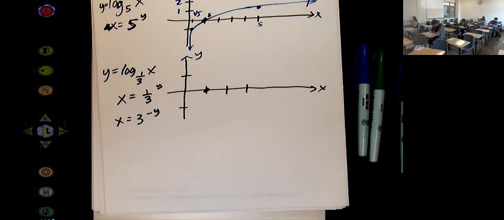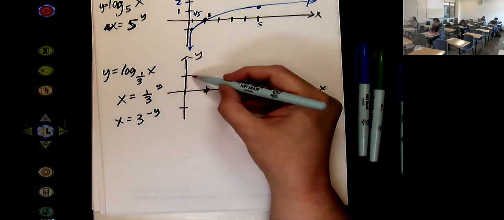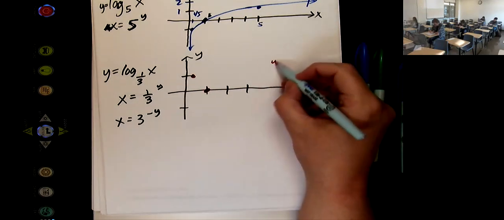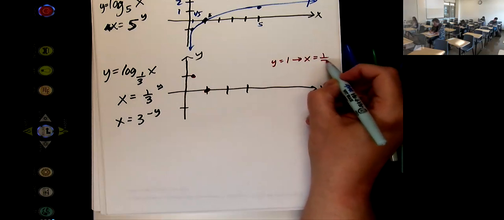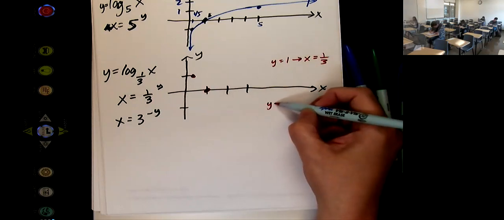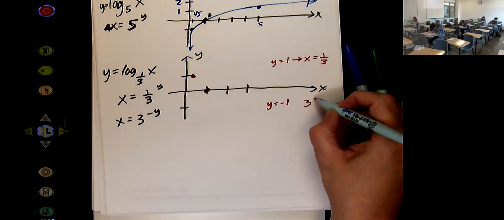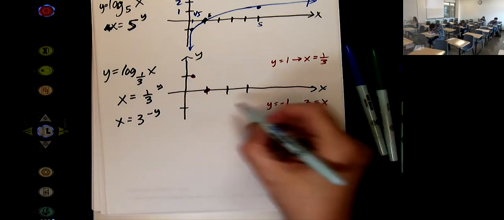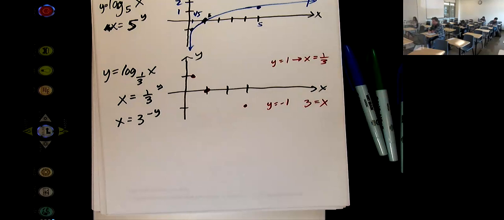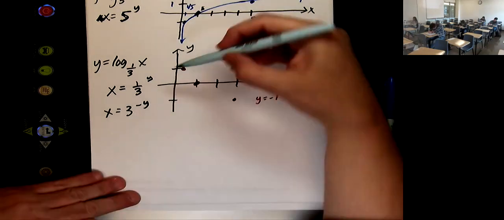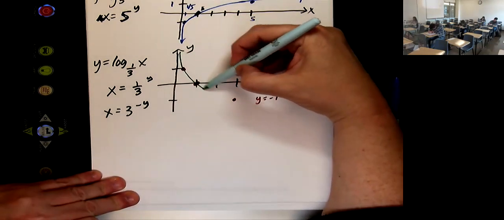When I do y equals 1, x equals 1/3. And when I do y equals -1, I get 3 to the -1... that is 3. So the graph's doing something like that.